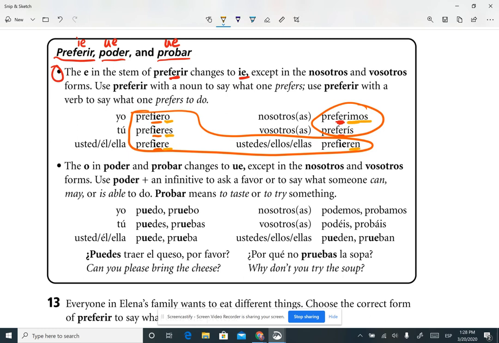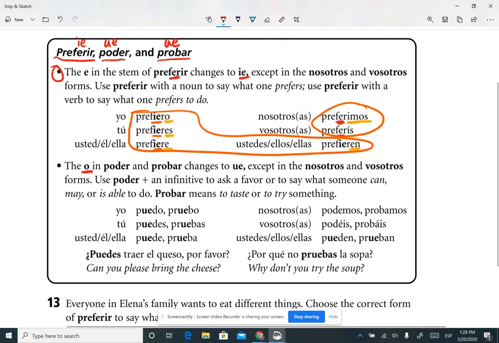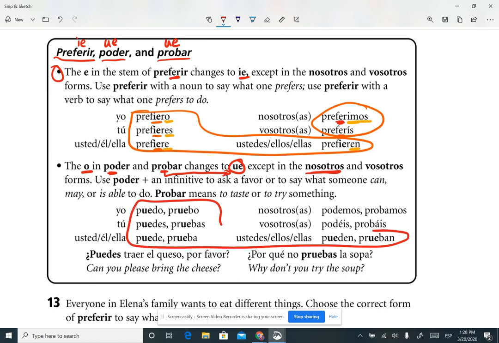The second examples here are very similar. We have the O in poder and probar, and those are going to change to UE. Again, remember there's no change in the nosotros form or the vosotros form, so we have our shoe again, where these forms change. We use our regular endings: o, as, a, amos, an, or o, es, e.